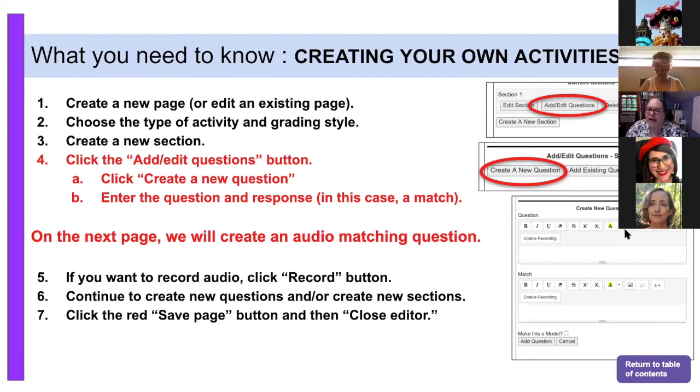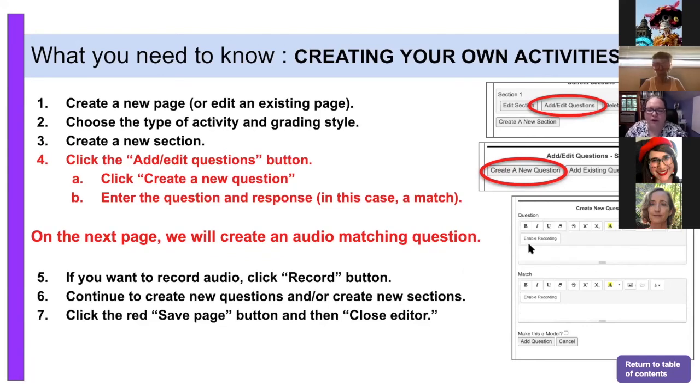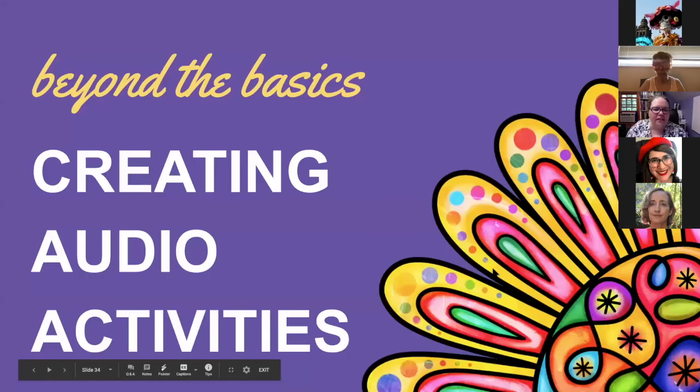You can also add images, and there's a match. So you put your match here, and then you would add a question. We're actually going to show you how to make an audio matching question. The written one you would just type in and then you would be done. But this is for creating audio activities.